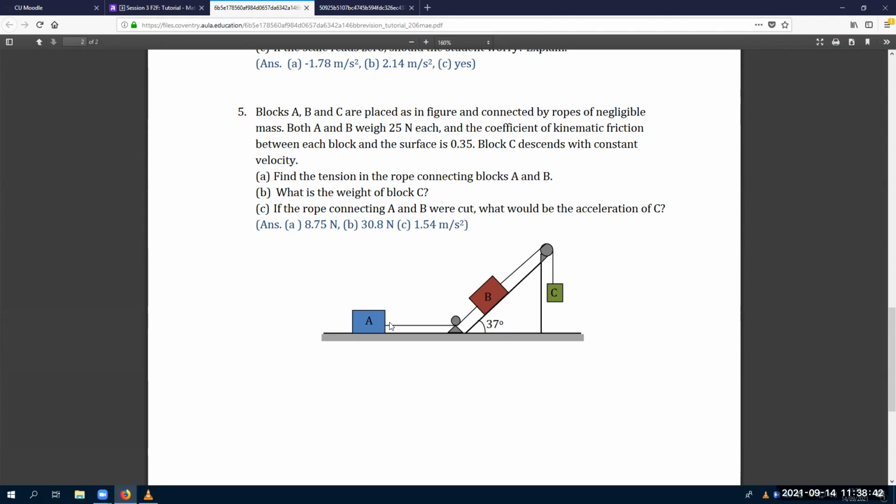And we have another pulley here. And let's color code it as well. This is blue. This is red. And this is green.